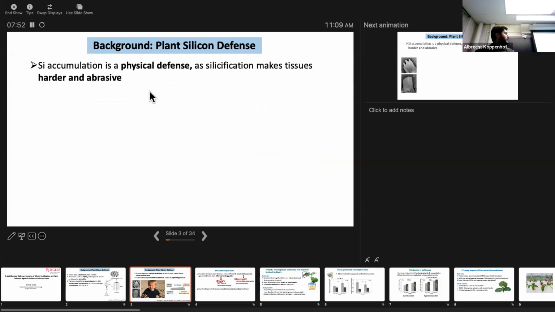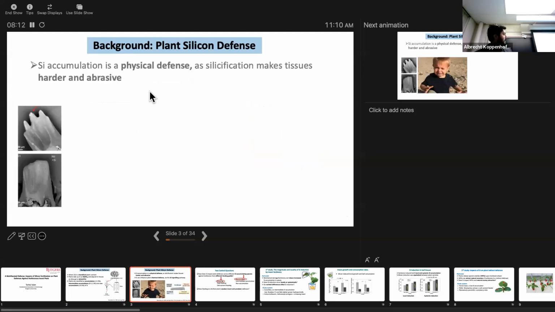Alright, so silicon accumulation in plants is considered a physical defense because silicification makes tissues very abrasive and harder. Silicification also reduces the digestibility and palatability of tissues to insect herbivores.